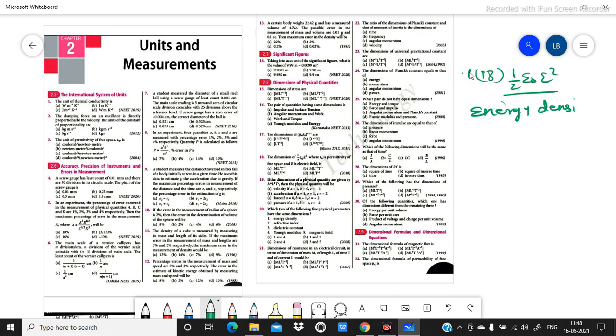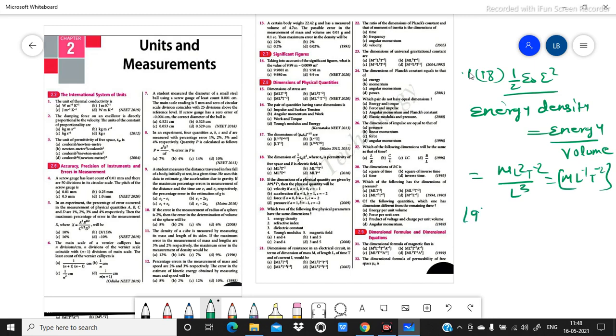Energy density is nothing but energy by volume. You know the dimension of energy, you know the dimension of volume, so just keep on applying. Energy is M L2 T minus 2. Volume is L cube. So it is M L minus 1 T minus 2. Okay, so it will be like this.